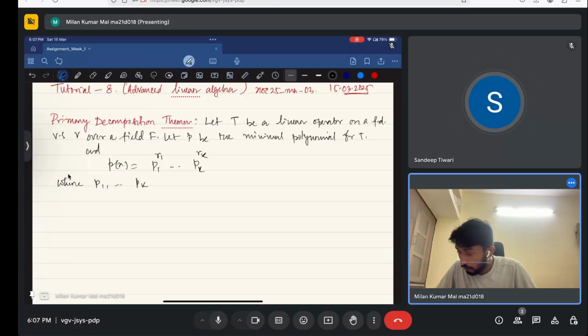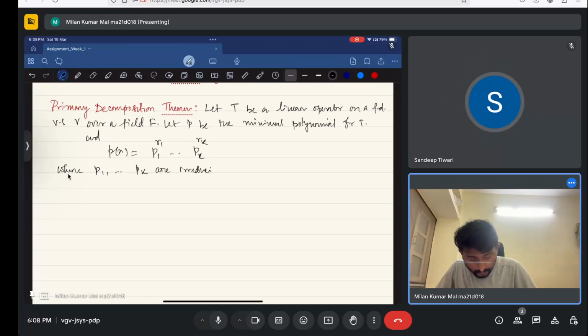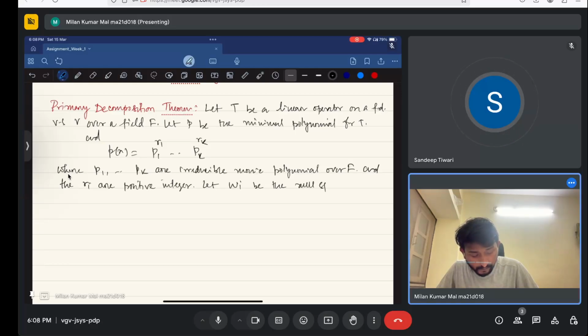P1 to Pk are all irreducible monic polynomials over a field F, and the ri are positive integers. Let Wi be the null space of the operator Pi(T) to the power ri.